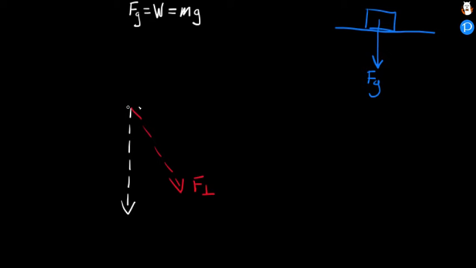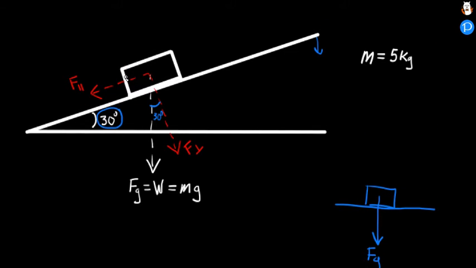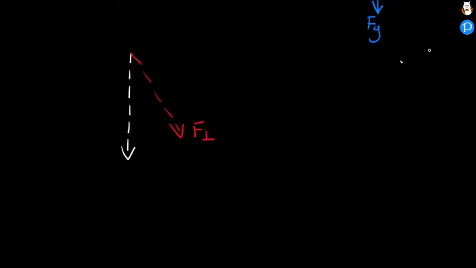And what we're going to do is move this force down this way to make that right triangle, like this. This is my parallel force. We know that this angle here is 30 degrees, and we now know that this right here is 90 degrees, right?